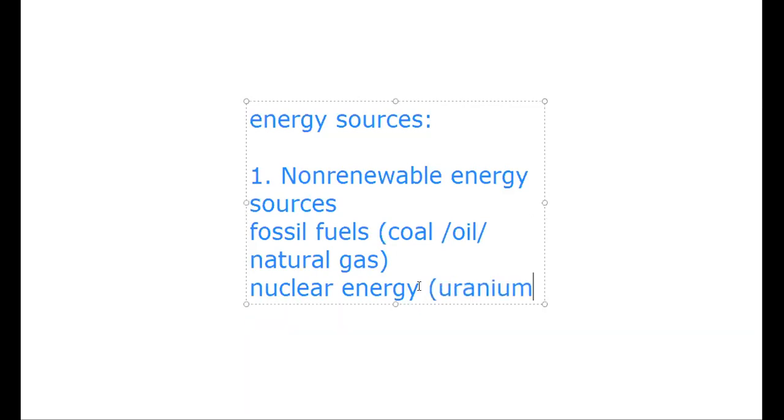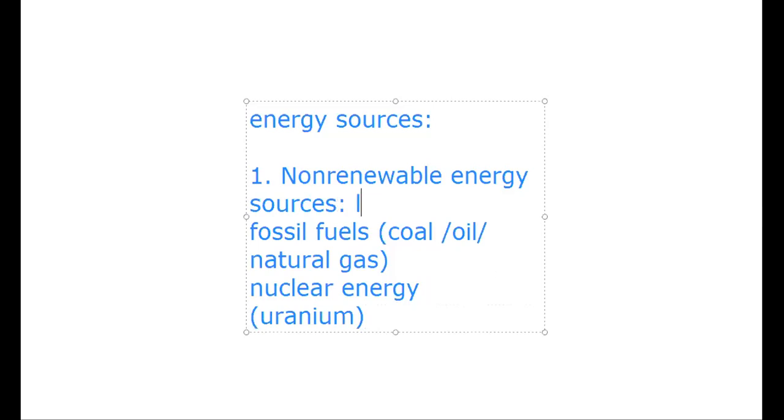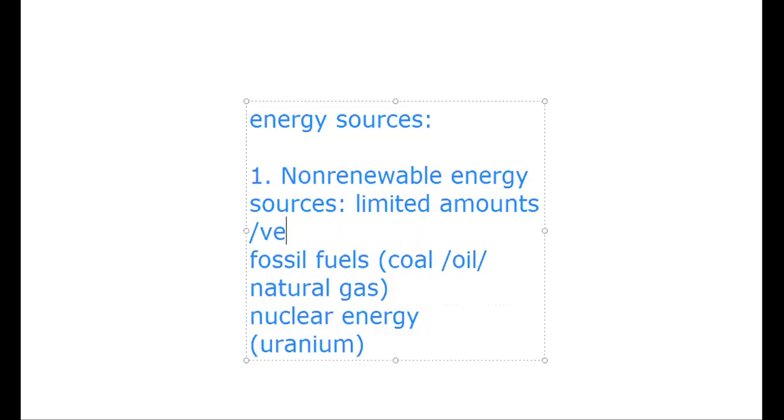The non-renewable energy sources are called non-renewable because we have a limited amount of them. If we use them up, they will finish, and it takes a very long time to be replaced.